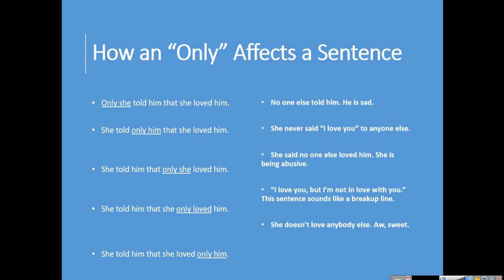So let's look at what a single "only" can do when talking about the same sentence. And we have here the same sentence, changing the position of the "only," and here is the result.